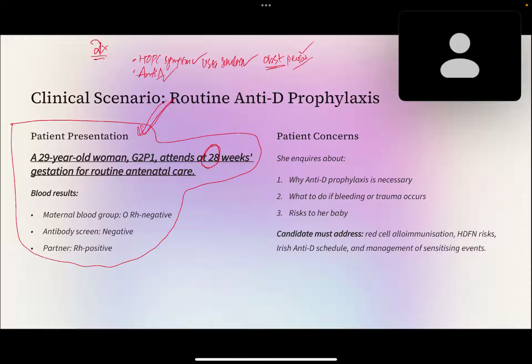You wouldn't want any fetal trauma. The mode of delivery won't change because of this, no? If there is an obstetric reason for operative delivery, we would go for that, but otherwise the mode of delivery won't change. What precautions?